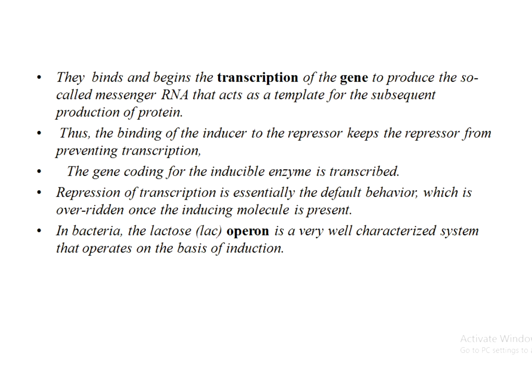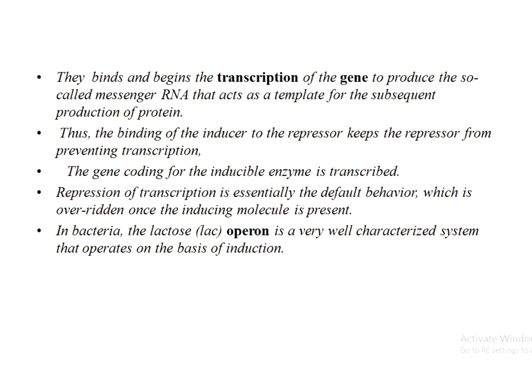Again, the binding takes place and they begin the transcription process. So RNA is produced, messenger RNA is produced. It will act as a template for the production of protein. This transcription process we can study in detail in the coming chapters.